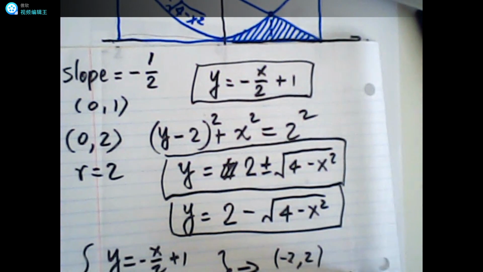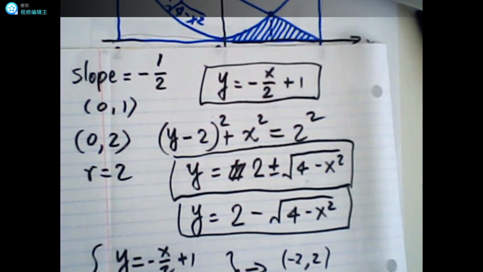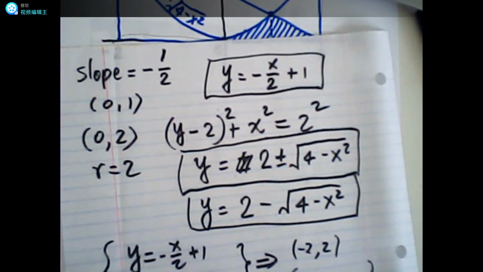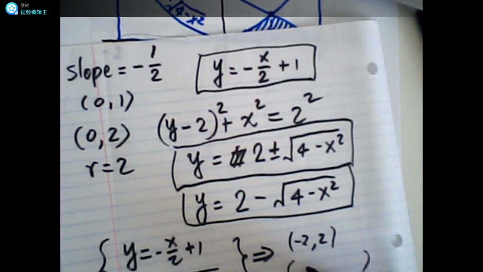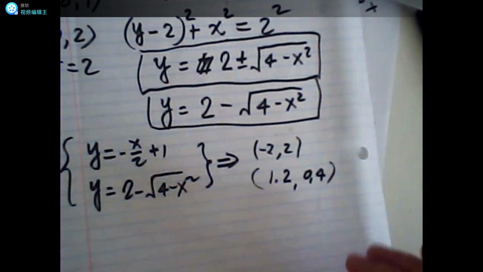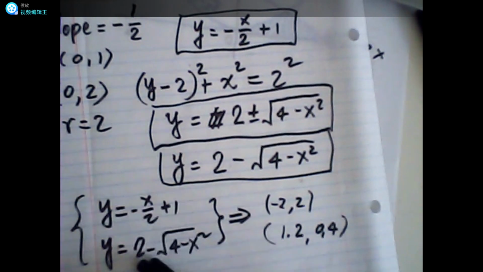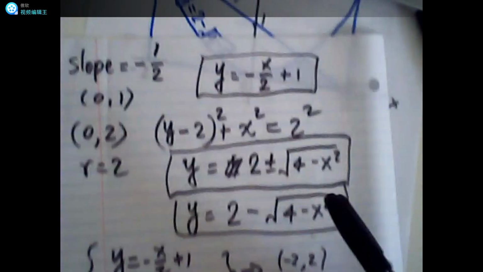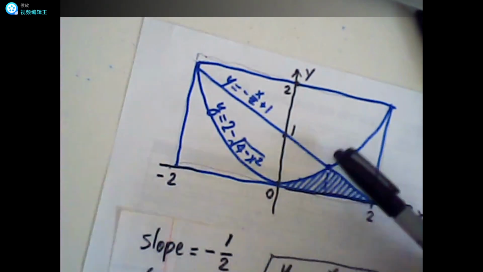Also, there is another one: 1.2 and 0.4. I did my homework. Solving these two equations, you have 2 points, one here and one there.